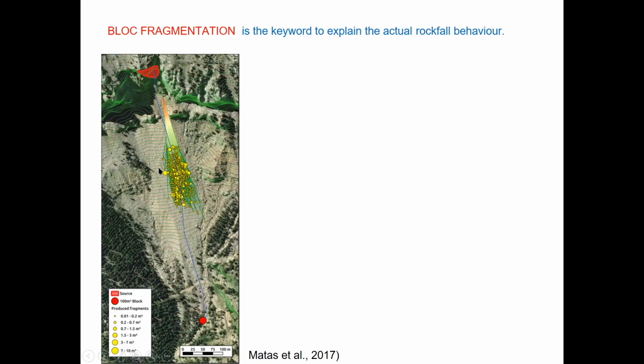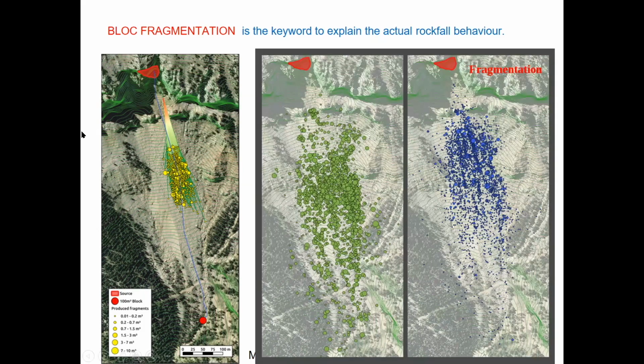That corresponds much better with the real thing, because here we can see that in the bottom part of this cliff, we have a huge amount of blocks that have been stopped due to past events. Here in the right, the same thing, if we take into account the fragmentation or not. In the left, we have the one single event, and in the right, we have hundreds of simulations, taking into account a simulation of hundreds of blocks.